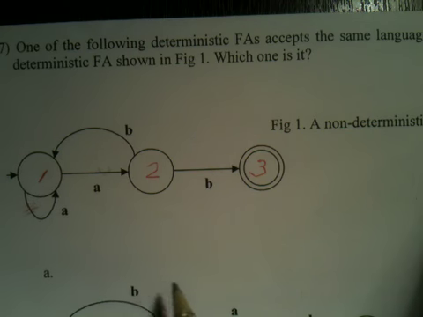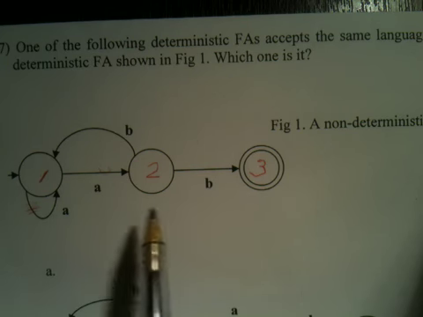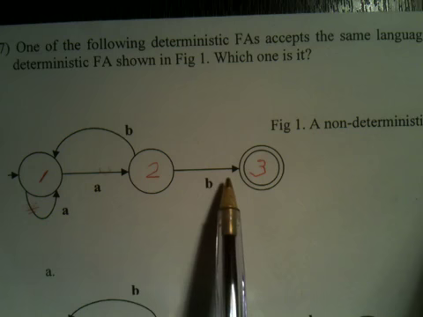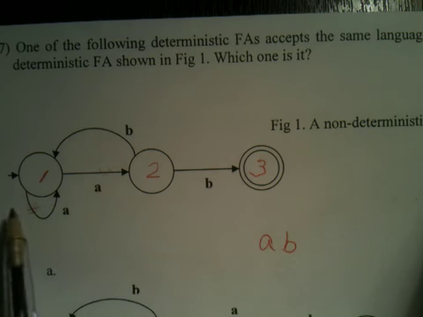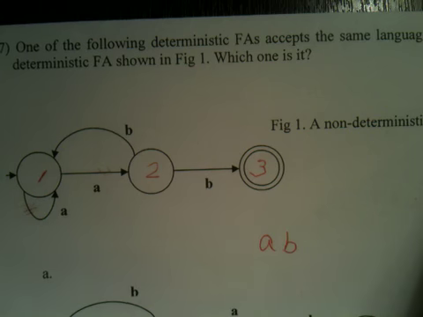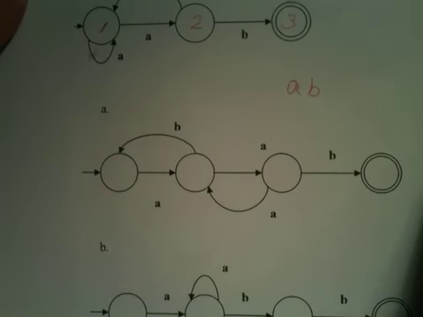For this one, I just quickly pick a simple example like AB, a string accepted by this given finite automata. Now you can quickly examine which of those languages accept AB.